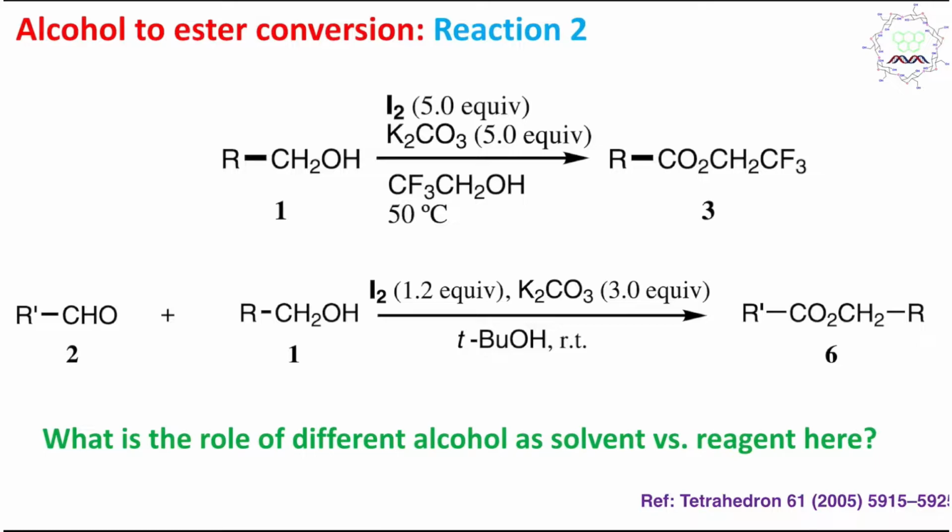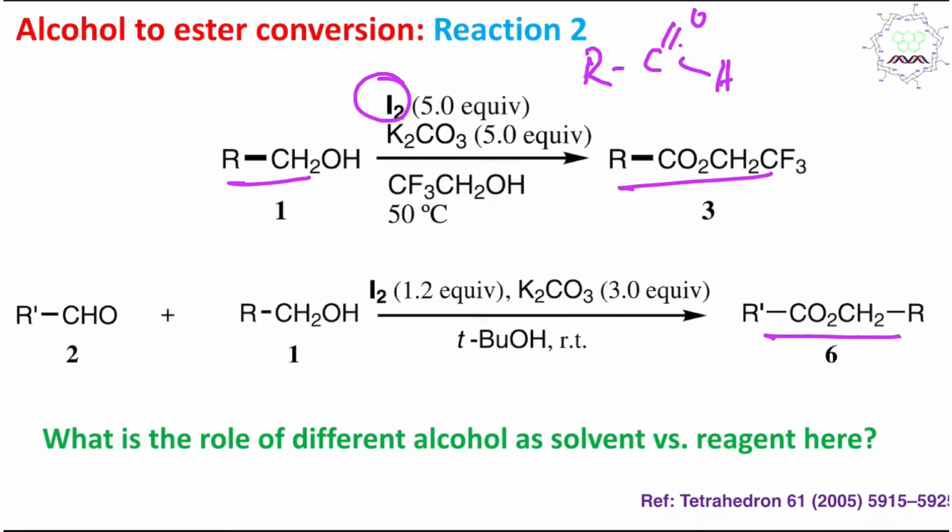Now, let's come to our reaction number 2. This is actually alcohol directly to ester. Okay, how? First, alcohol in the presence of iodine is converted into aldehyde, RCHO. And by the way, student, whenever you are trying to convert alcohol into ester, you must take a primary alcohol. Why?